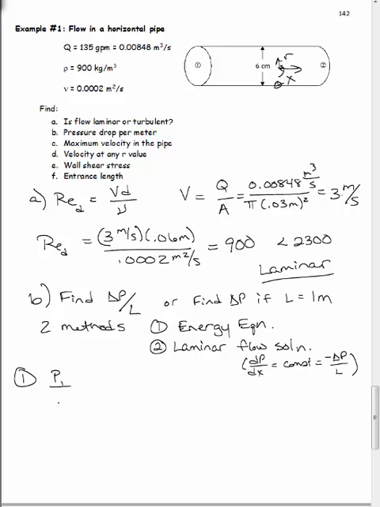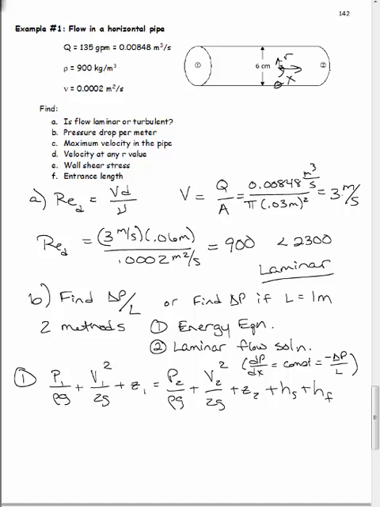So if you remember, P1 over rho g plus V1 squared over 2g plus Z1 equals P2 over rho g plus V2 squared over 2g plus Z2 plus HS plus HF. Okay, so once we write down our equations here, first thing you want to do is cancel out as many terms as you can.